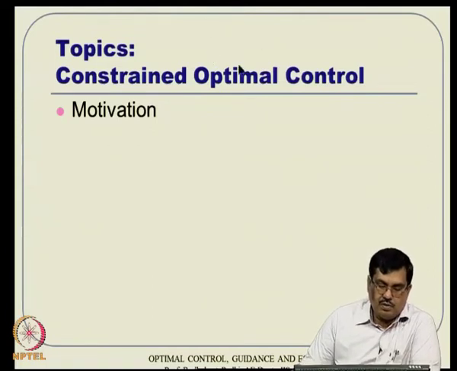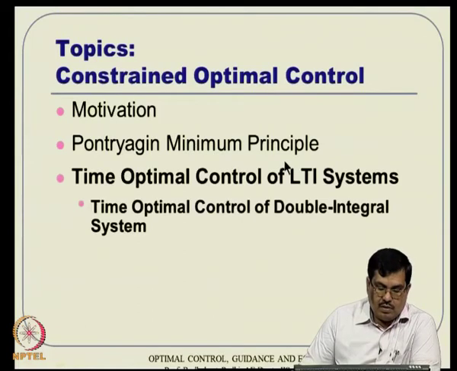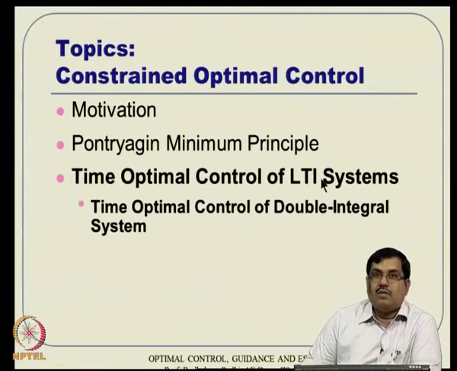Anyway, the topics on constrained optimal control are: first, a little bit of motivation, which we gave in the last class. Then Pontryagin's principle, which we derived in the last class as well. Then in this lecture I will talk in detail about time optimal control of linear time invariant systems.